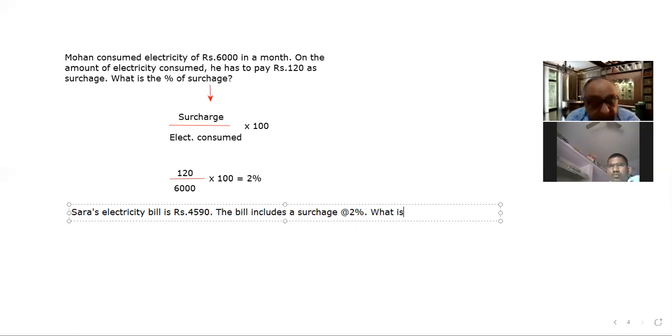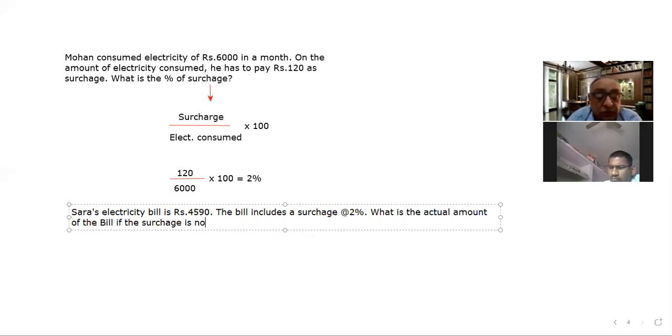So what is the actual amount of the bill if the surcharge is not included, if the surcharge is not taken into account?